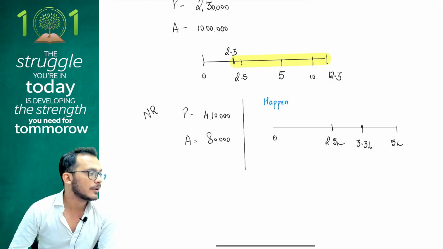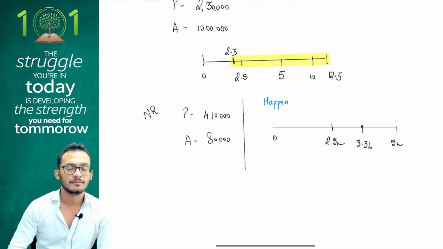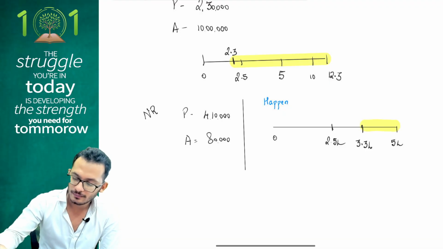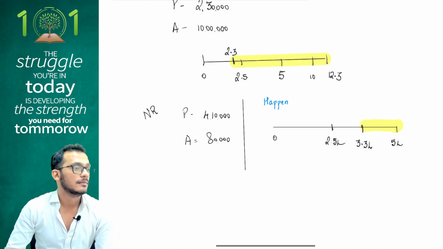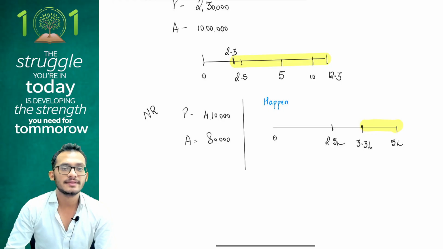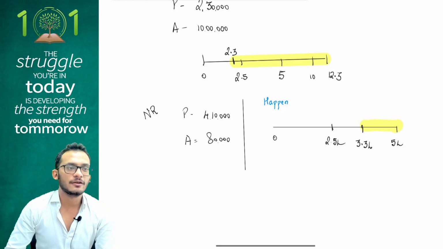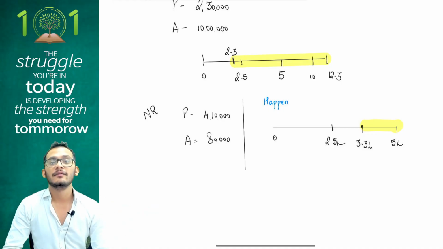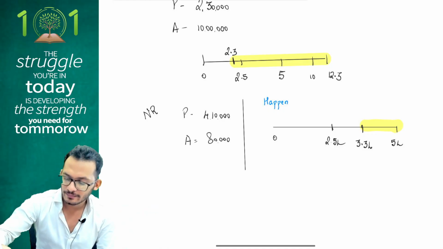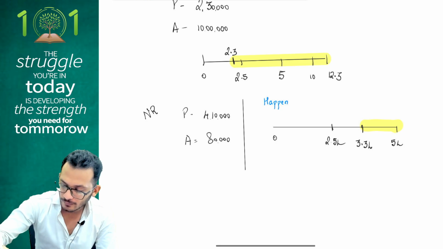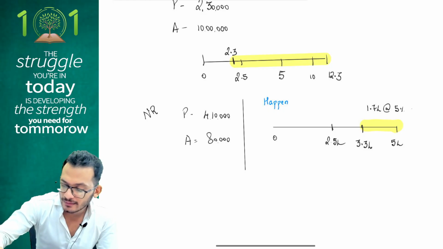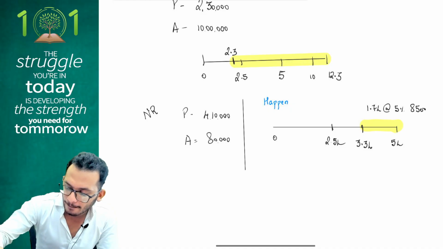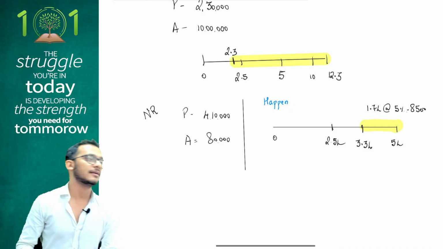The balance 1.7 lakhs is at the rate of 5%, since I am in the 2.5 to 5 lakhs slab. 1.7 lakhs at 5%. Answer is 8,500. Clear?